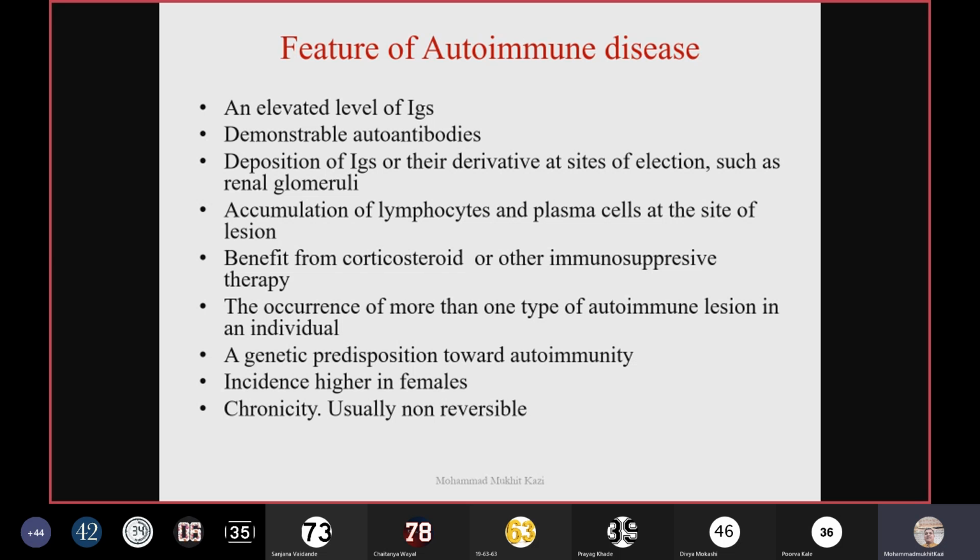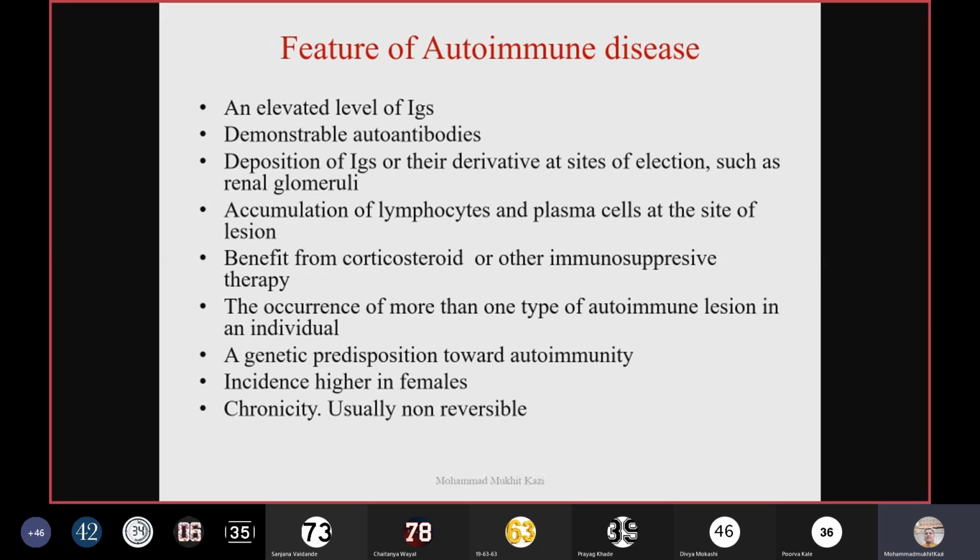The occurrence of more than one type of autoimmune lesion in an individual. You can see more than one type of autoimmunity in the same person. A genetic predisposition towards autoimmunity. This is again one of the features of the autoimmune response or autoimmune disease. And if you look at the gender-wise incidence, it has been observed that it is very high in proportion in the females.